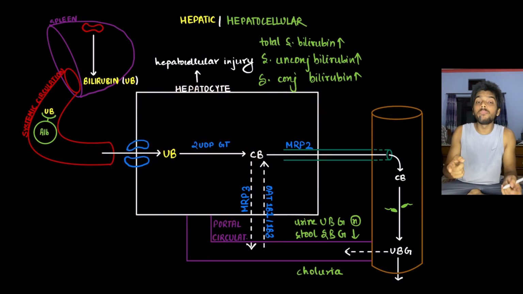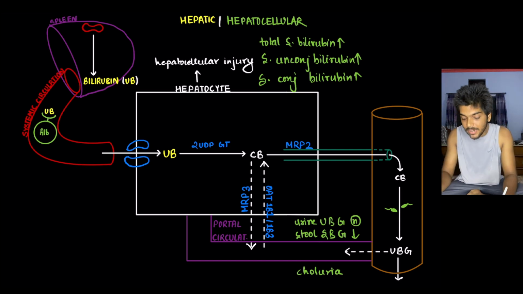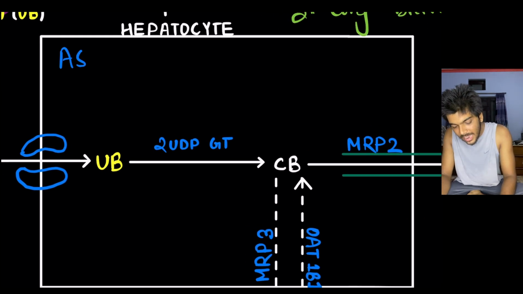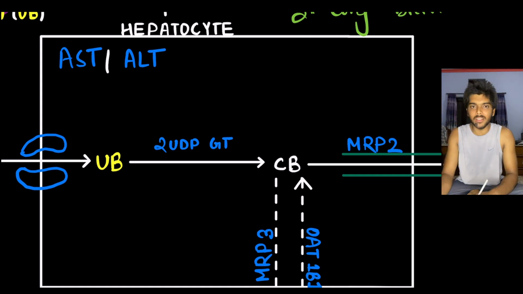So when you perform a blood test, you'll find an elevated level of these liver cell specific enzymes. These enzymes are present within the hepatocyte. What are these enzymes? They are AST, aspartate transaminase, and ALT, alanine transaminase.